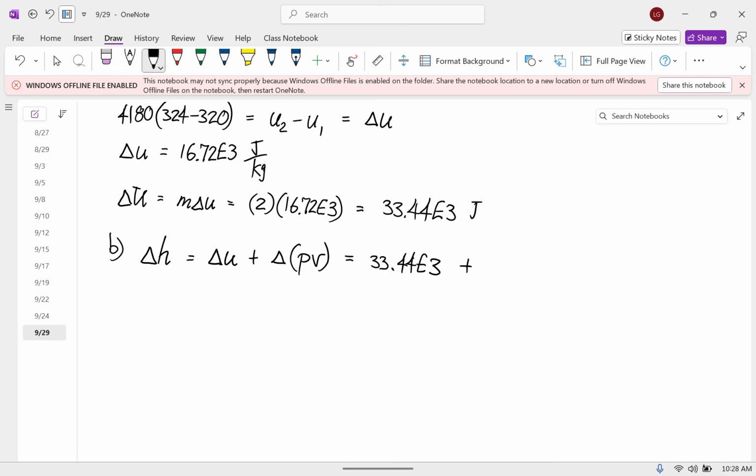Well, what do we know about the specific volume for an incompressible material? It doesn't change, so we're just going to use one value for that. We know the change in the pressure, so we can think of this as specific volume times the later pressure minus the earlier pressure.